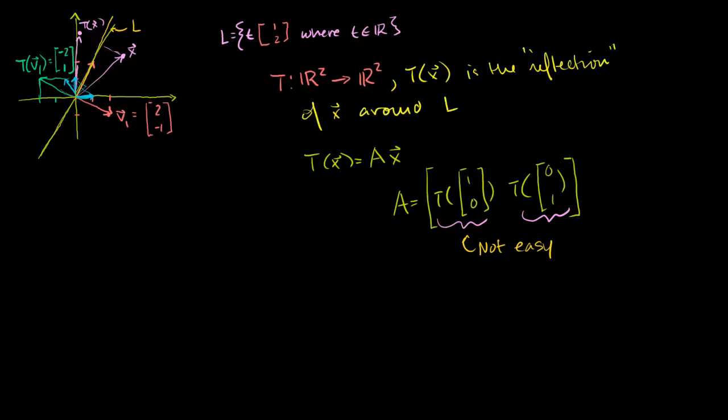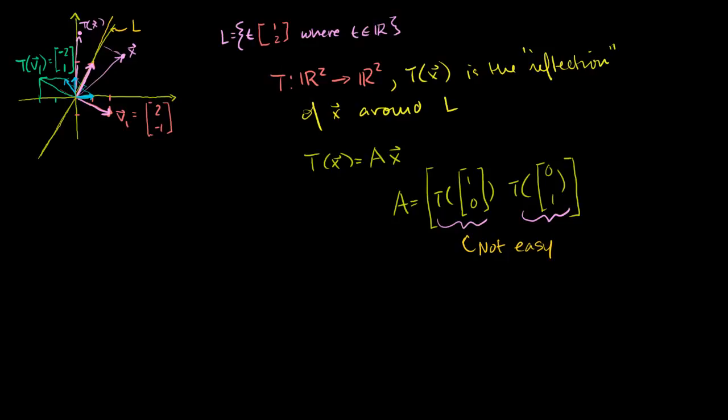What if we had a coordinate system with v1 as one of the basis vectors, and then 1, 2 as the other basis vector? Then all of a sudden, at least in that coordinate system, the reflection wouldn't be around this inclined line. The reflection would be around the second coordinate axis. It seems like it would be a more natural transformation. So this leads us to a very interesting thing.